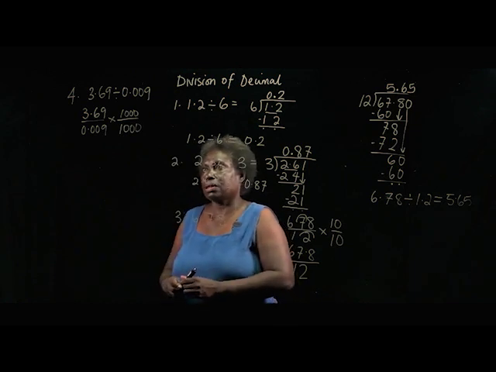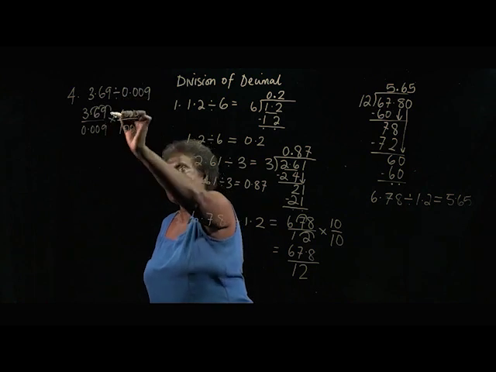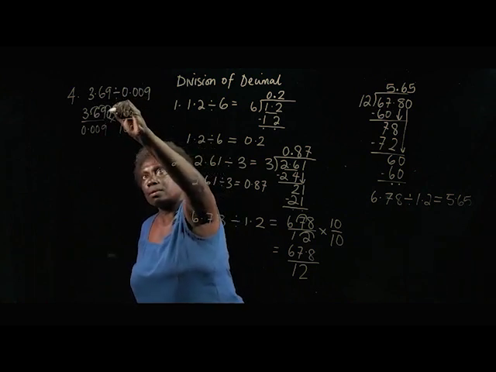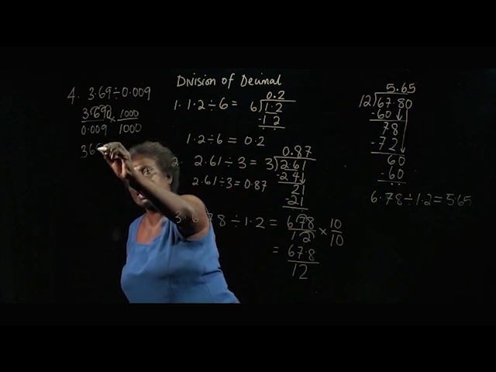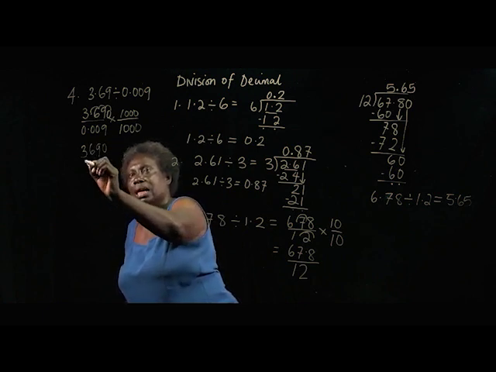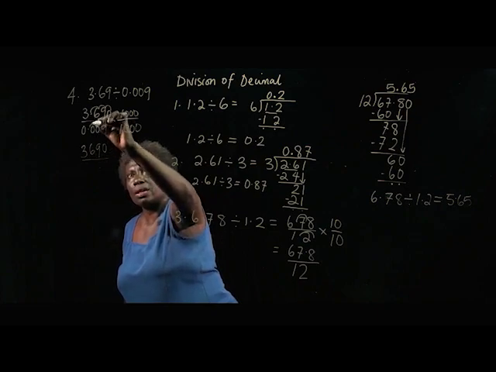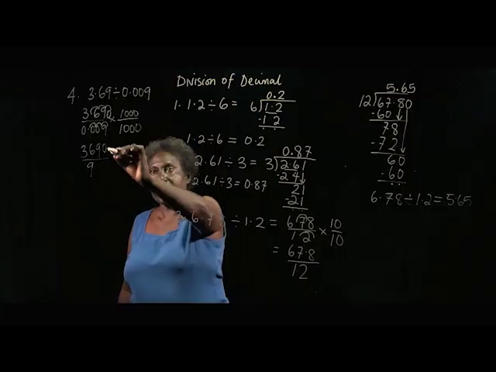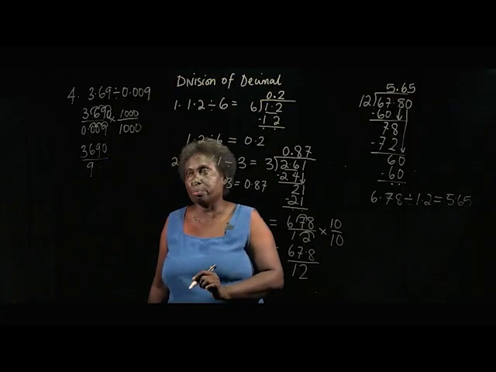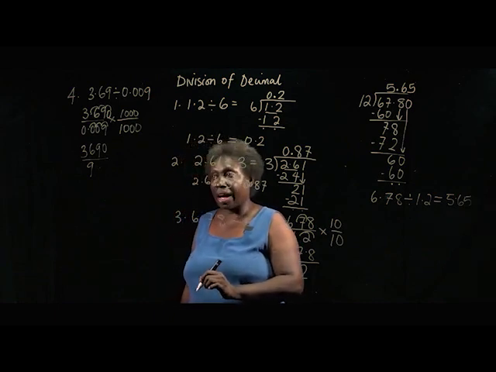Okay, so if I move 3 places to the right, this now becomes 3,690 over, if I move 3 places to the right, this becomes 9. Now, I am going to use the long division method to divide 3,690 by 9.